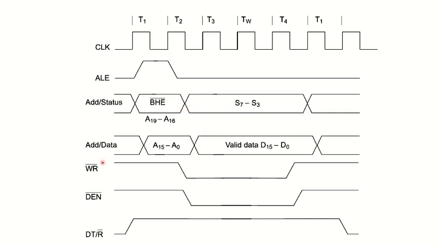Whenever we want to write data, first DT/R will be 1, meaning data transmission by the microprocessor, so this signal goes high. Data enable will be low, and WR will similarly be low because we have to write the data. So this is all about the write operation for the minimum mode.